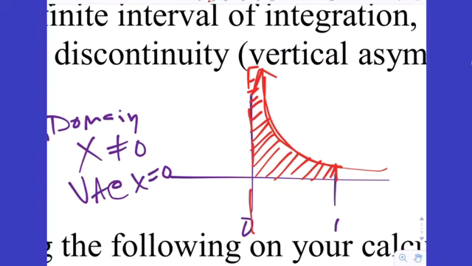Do we approach the vertical asymptote fast enough to have a finite area, or does it go to the vertical asymptote kind of lazy and diverge? Because just like with a horizontal asymptote, you're going to have an infinitely large unbounded region. But can it go fast enough to have a finite area, or is it lazy and have an infinite area?